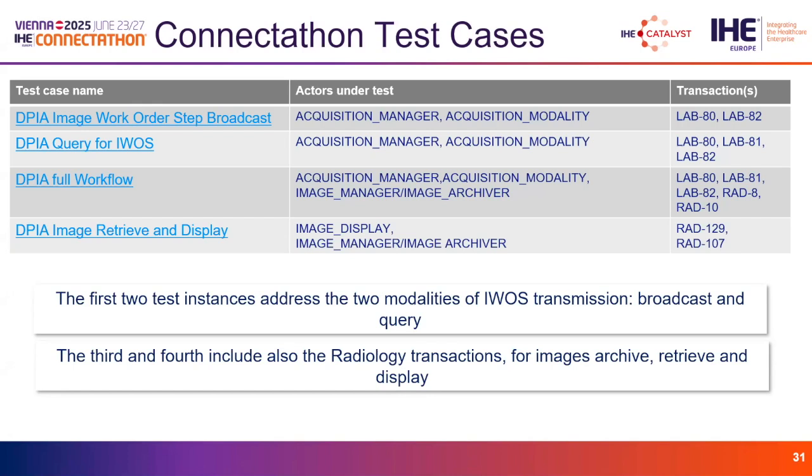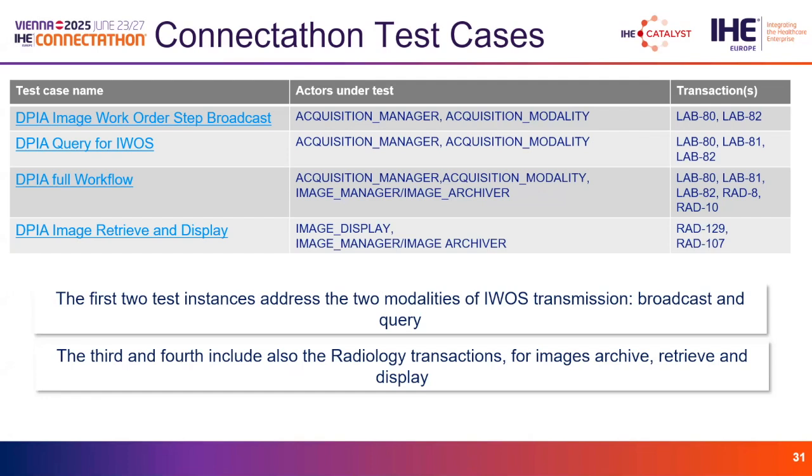These are the 4 test instances for the Connectathon that we have developed in PaLM for DPIA, mainly with the purpose to test the 2 different modalities of exchange of image work order step between the actors, that are query and broadcast.